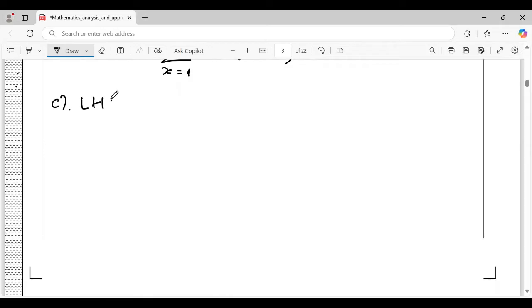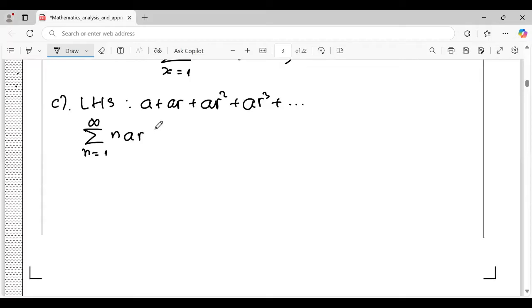The left-hand side is a plus ar plus ar squared, ar cubed, plus so on. In sigma, we can write it like this: sigma n equals 1 to infinity of n times a r power n minus 1.